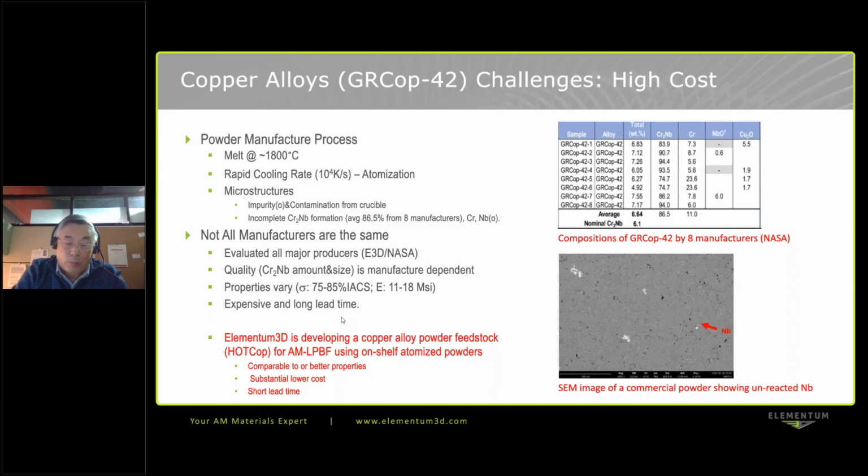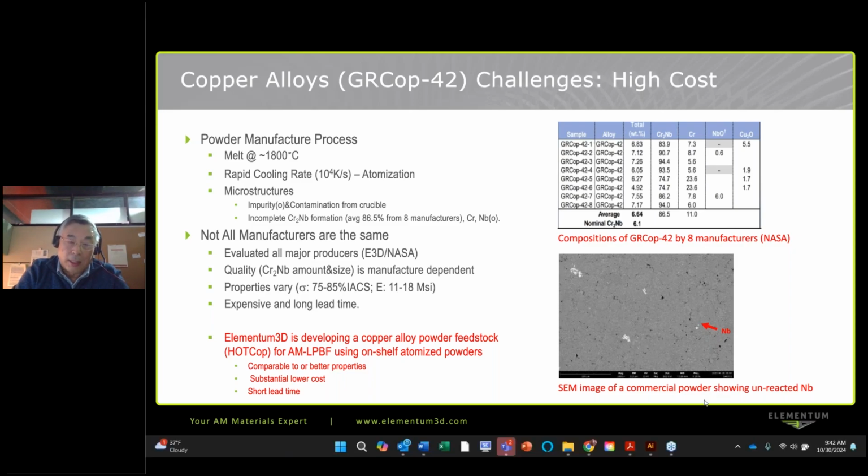The goal is that this powder mixture, once printed, will have comparable or even higher properties than GRCop, yet be a lot cheaper, and it won't take a long time to get. So just stay tuned. We'll release this material in the near future.